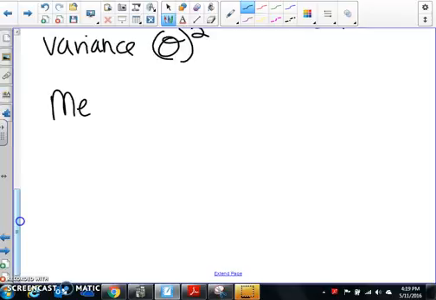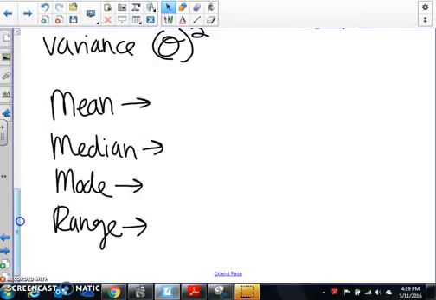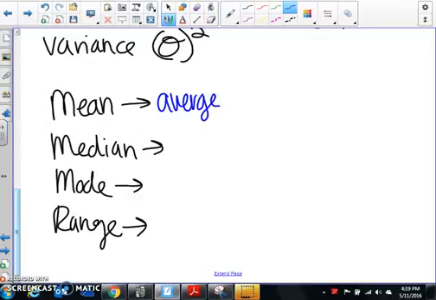Here is a quick little review on some of your statistic words. There's the mean, the median, the mode, and the range. So the mean is the average, which means you add up all the numbers in the list and you divide by how many there are. So let's just use this list up here. 1, 4, 7, 3, 2.